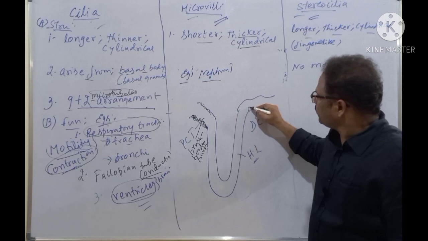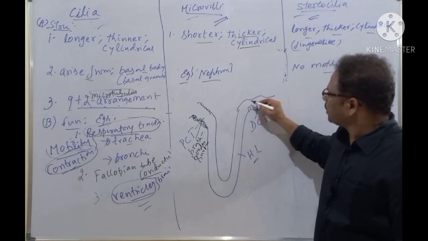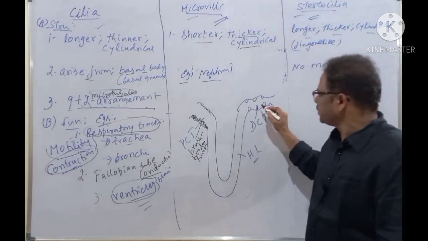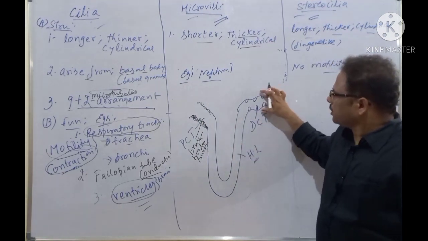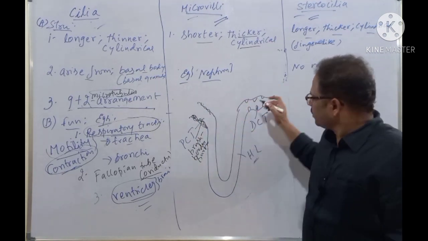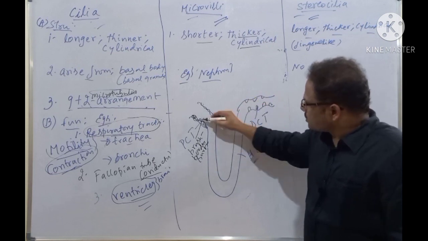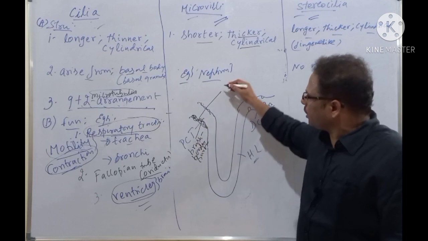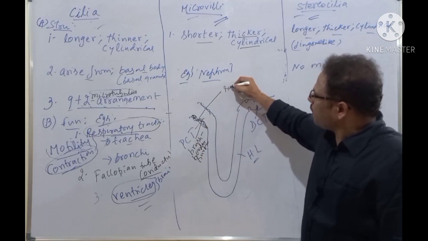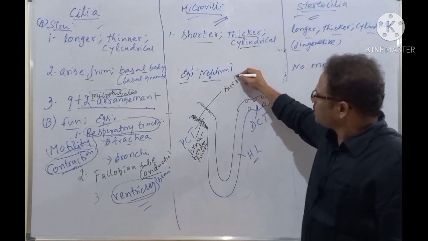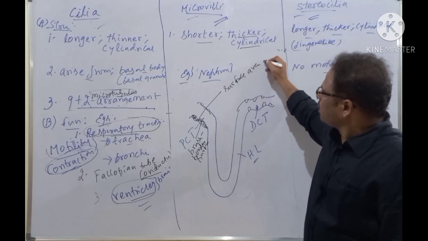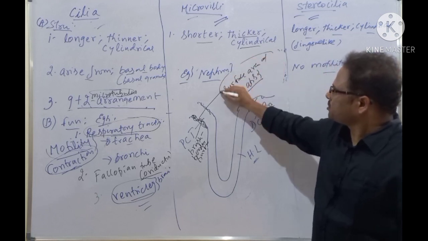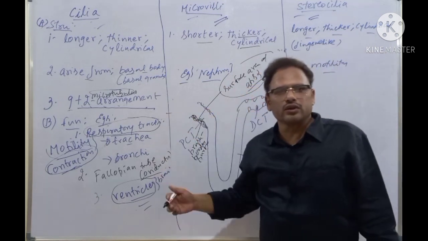In the DCT also microvilli are there, but not as many as in the PCT, very much fewer when compared to the PCT. Because in the PCT there is more brush border surface with microvilli, there is more surface area of absorption, that is selective reabsorption of the renal filtrate into the interstitium.